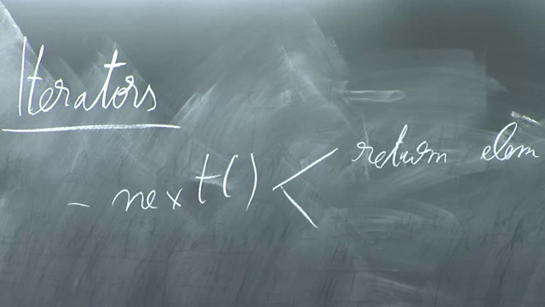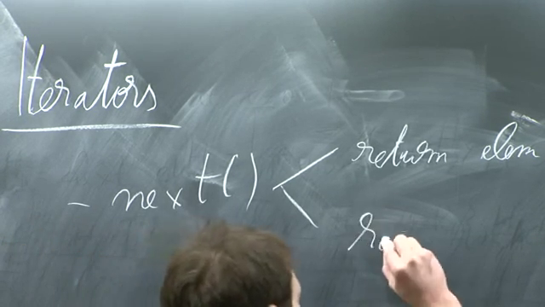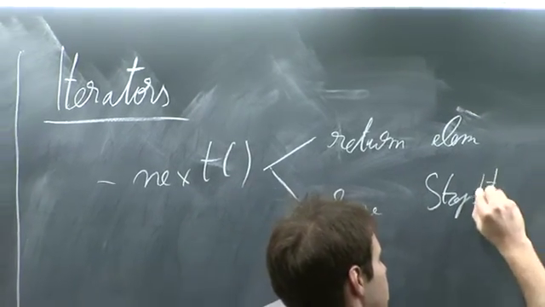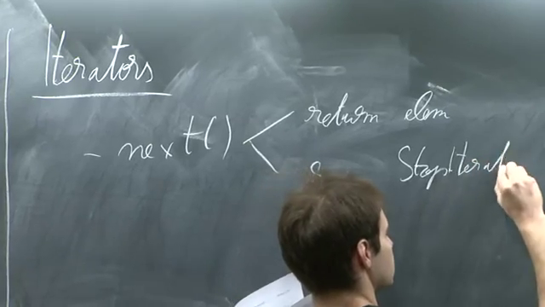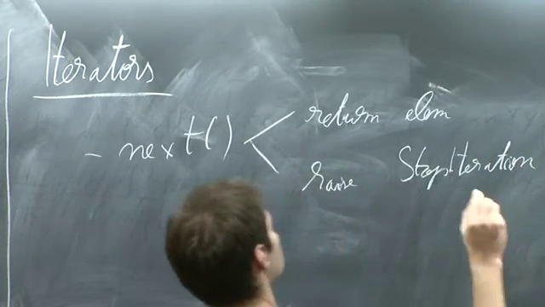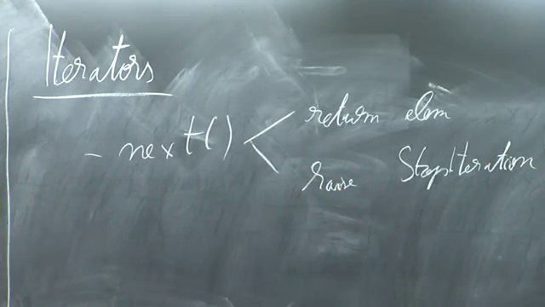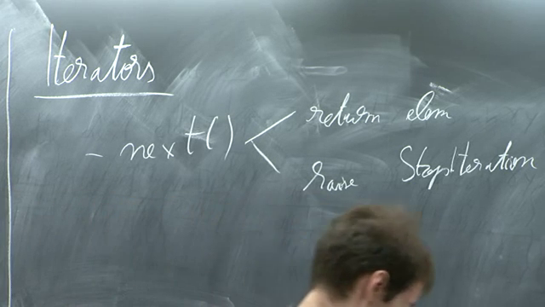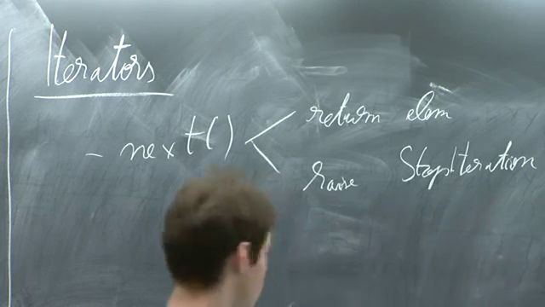How do you stop? Here's the exception. So next will either return an element, the next element in the sequence that you're iterating over, or it will raise a stop iteration exception error. Oh, just stop iteration. Cool.